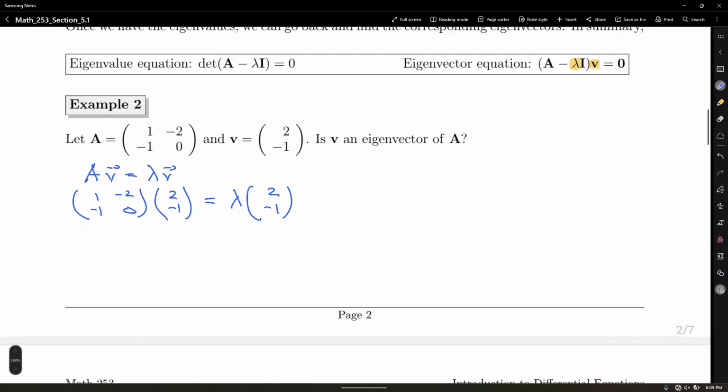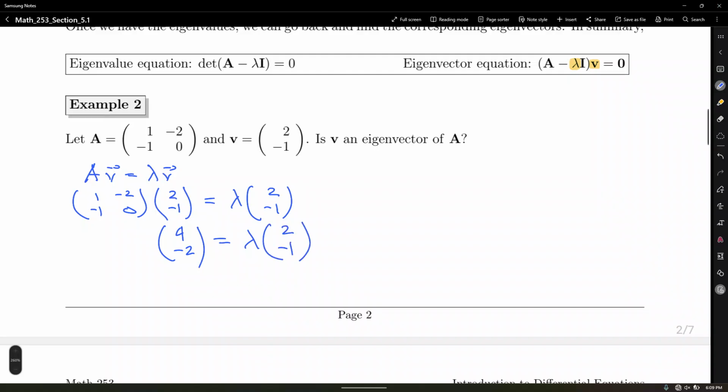So let me multiply. First row: 1 times 2, which is 2, plus negative 2 times negative 1, which is positive 2, giving 4. And second row with the column: negative 1 times 2, that's negative 2, plus 0 times negative 1, is negative 2. Let that be equal to lambda times (2, -1).